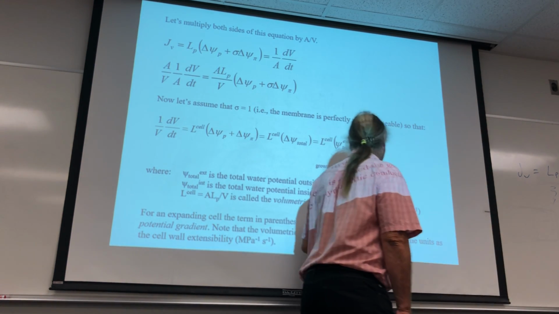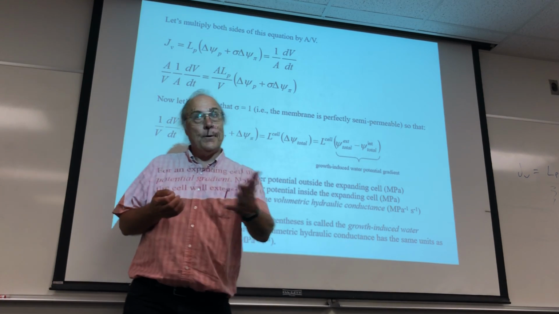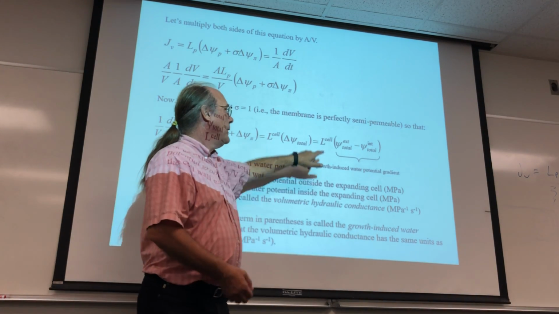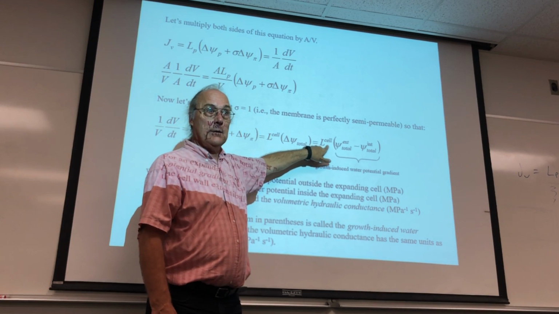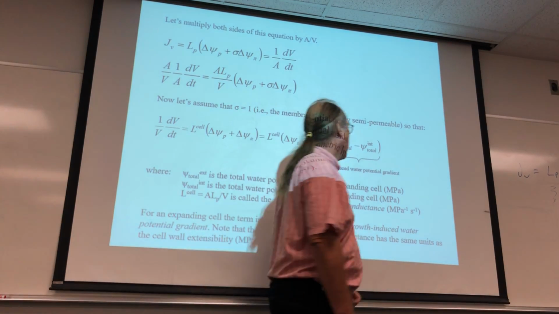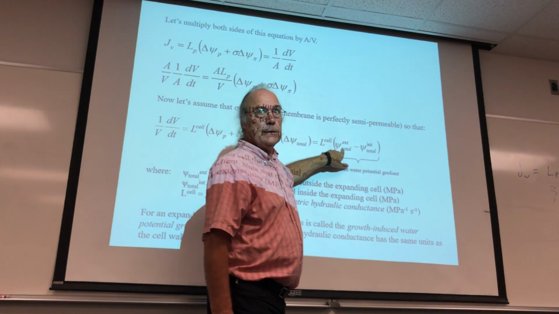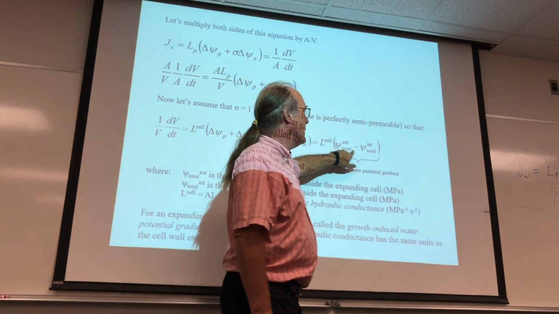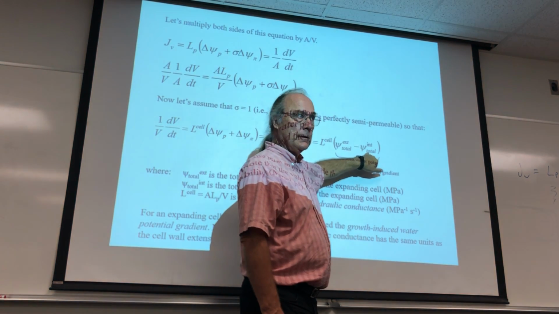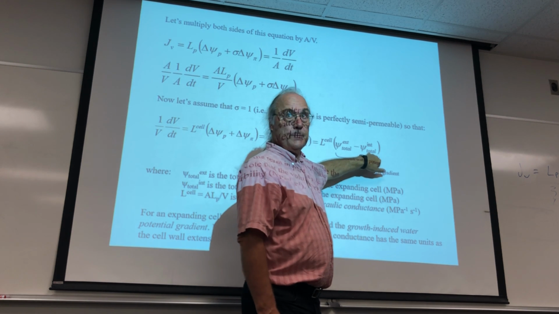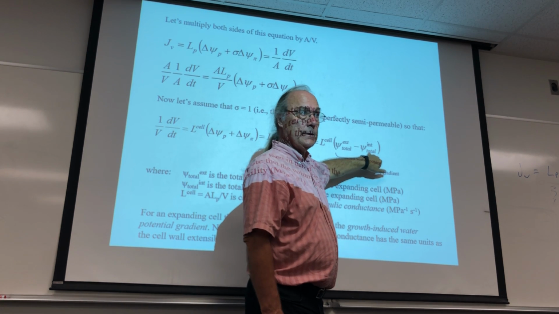And again, by expressing aquaporins or not, this term can be altered by the plant. The plant has no control over this external potential. It has no control over the pressure component of this internal potential. It can control the osmotic component of this internal potential.